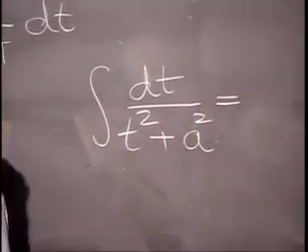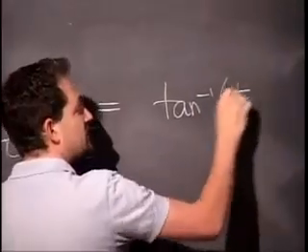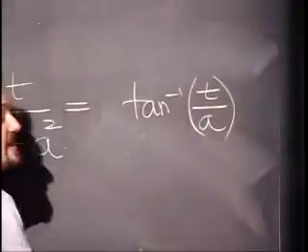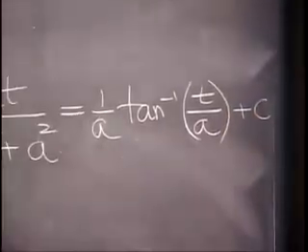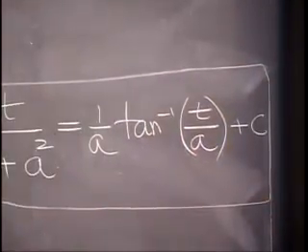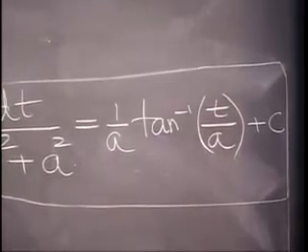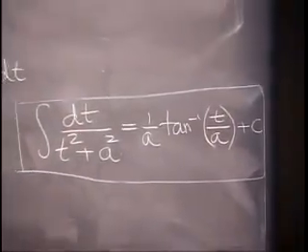Inverse tan of t. So this is very similar to inverse tan of t. It's actually inverse tan of t over a with a compensating 1 over a out the front. And that comes in handy all the time in these partial fractions questions, because you often get a situation like this. So if you can just remember this.